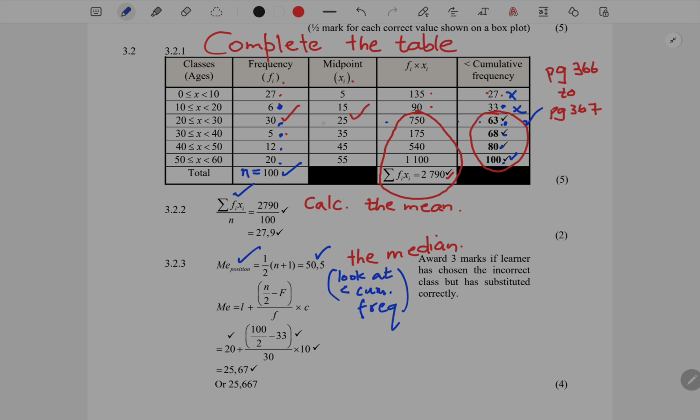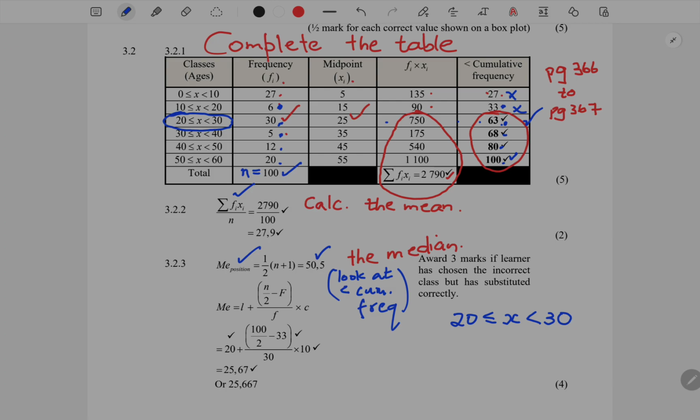Then you go straight, and you find that the class interval there is this one. So the class interval, let me write it here: 20 less or equal to x, and x less than 30.